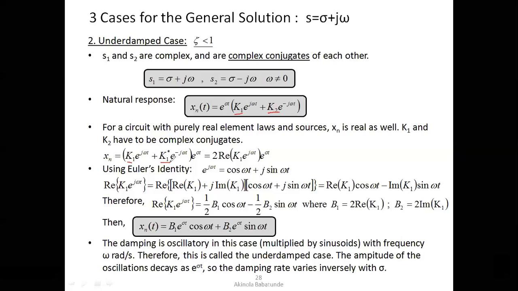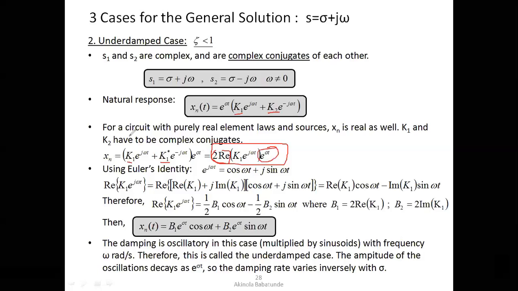If you have that, you can have 2re. This is how to represent it. 2re, where re represents real. So you can say 2 real k1 exponential jwt, then we have e, the real term here, multiplied by t.